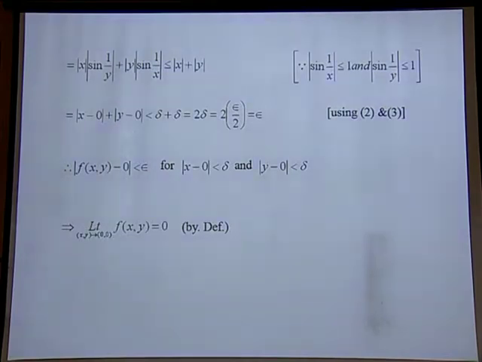So, we got modulus of f of x y minus 0 less than epsilon for modulus of x minus 0 less than delta and modulus of y minus 0 less than delta. That implies the limit of f of x y as x y tends to 0 0 is equal to 0. This is given by the definition of limit of a function of two variables.